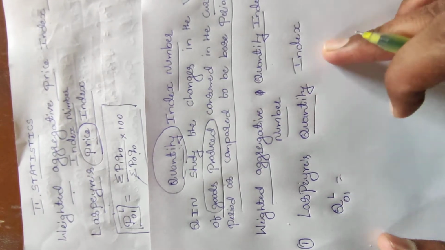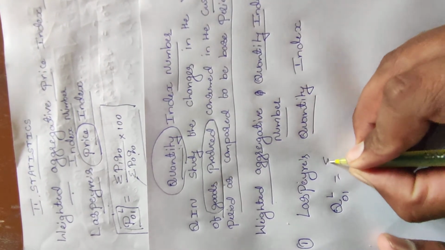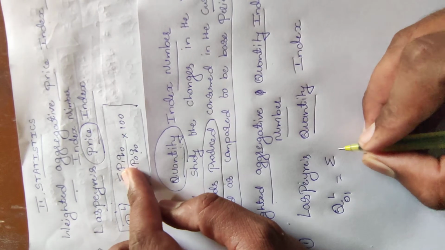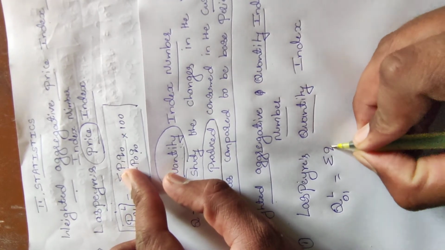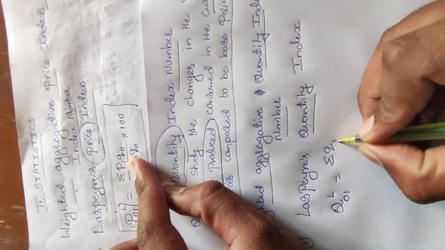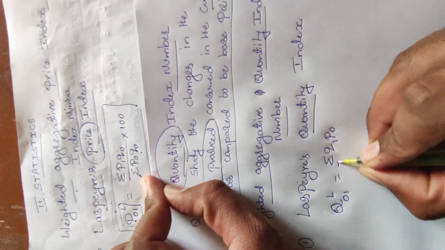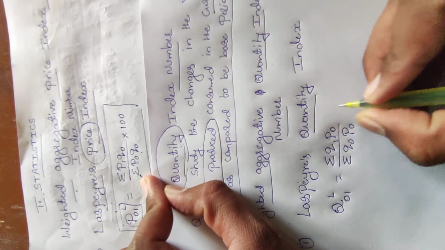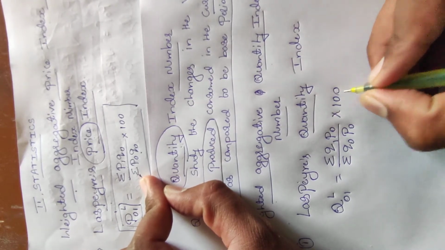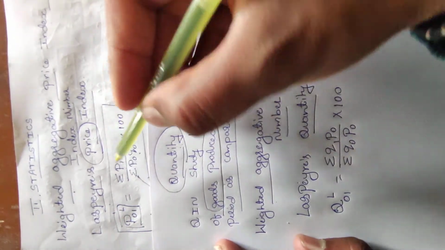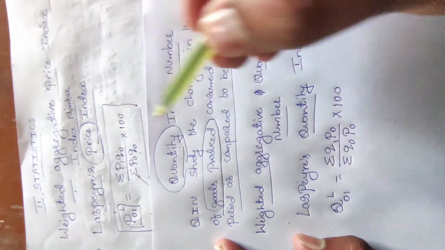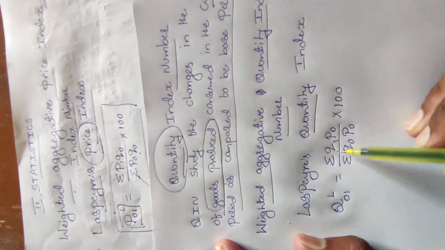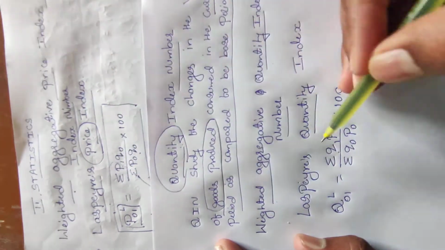For the Laspeyres quantity index, where P is there, we should write Q. So the formula is the summation of Q1 P0 divided by the summation of Q0 P0 into 100. What is the change? In the price index we give importance to P, here we give importance to Q. The factors are interchanged.